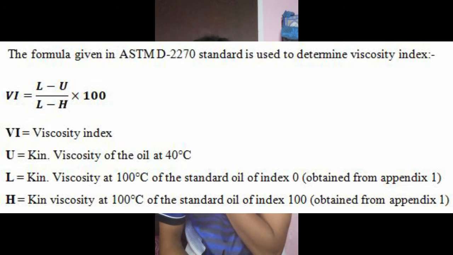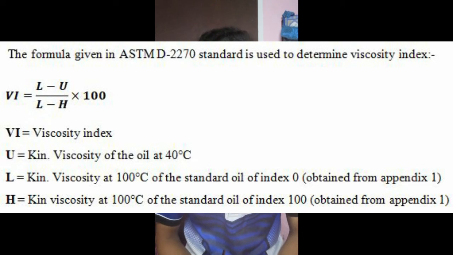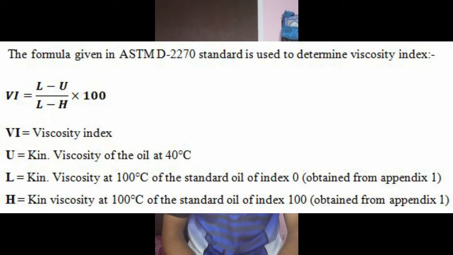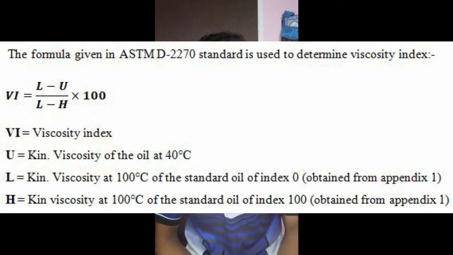VI stands for viscosity index, U is the kinematic viscosity of the oil at 40 degrees Celsius, L is the kinematic viscosity at 100 degrees Celsius of the standard oil of the index, obtained from Appendix 1, and H is the kinematic viscosity at 100 degrees Celsius of the standard oil of the index. We obtain these from the appendix.